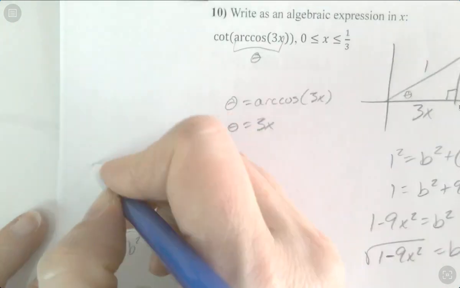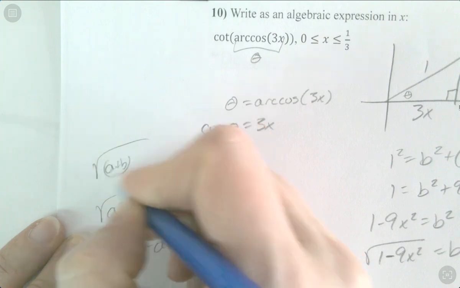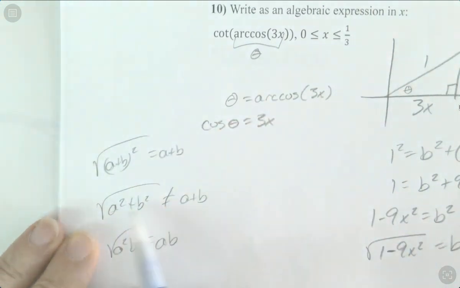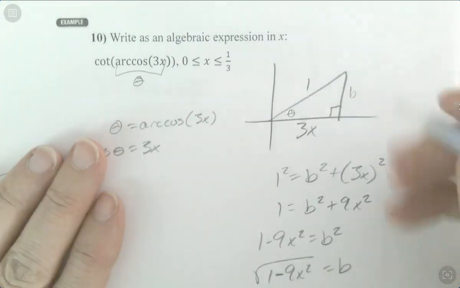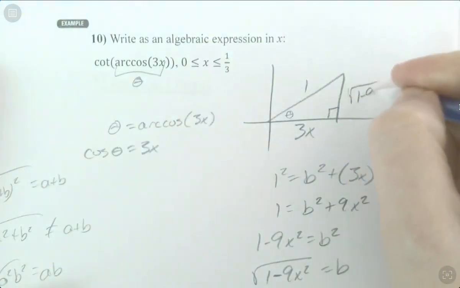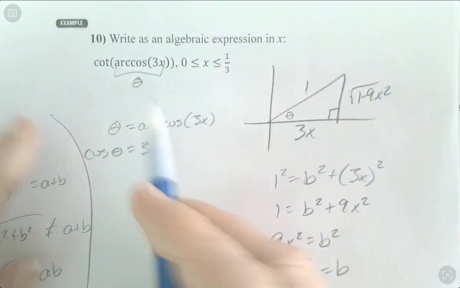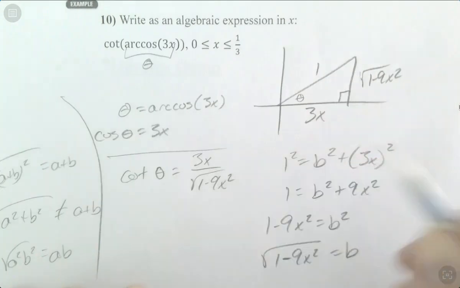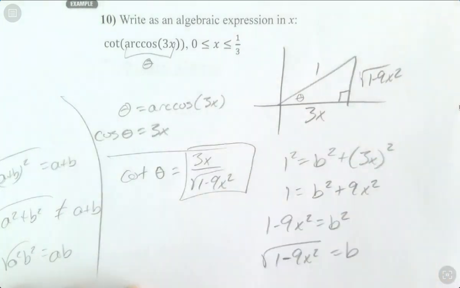And if you had the square root of a plus b, the whole quantity squared, that is equal to a plus b. But if you have individual terms that are squared, you cannot just take the square root separately like that. So the other leg is the square root of 1 minus 9x squared. And what we really want here is the cotangent of theta. And you do not need to rationalize. You can leave it like that.